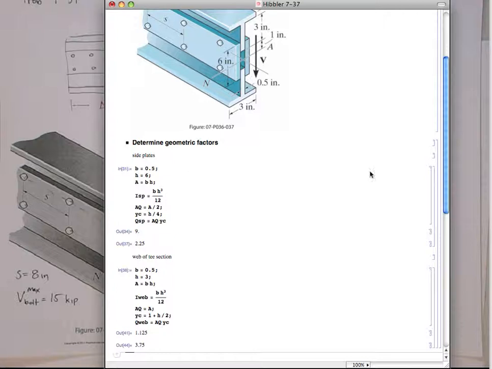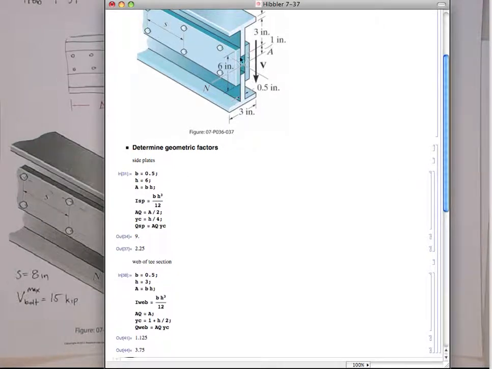Actually, I kind of screwed up here. You can see this is the nice thing I can go about it. We need to get the Q right at this point, right along this line, the bolt line. So actually, the Q for the side plate is going to be a lot smaller. Let's fix this. Actually, the area we're going to use is not the area of the half. It's actually this little chunk area. It's not that much really.